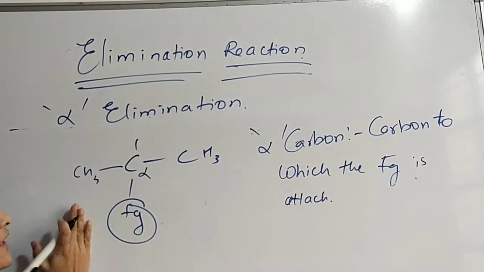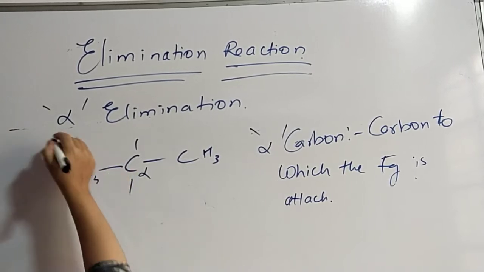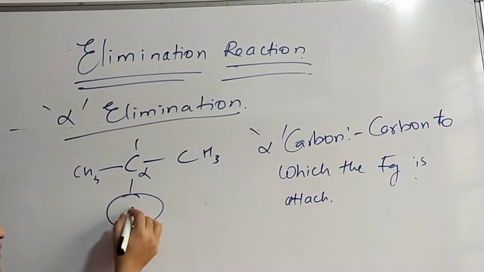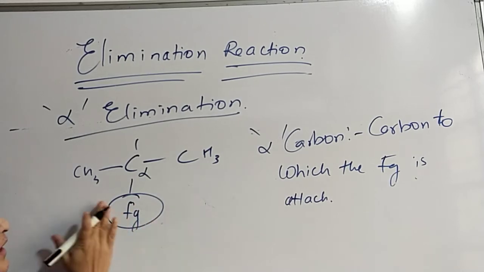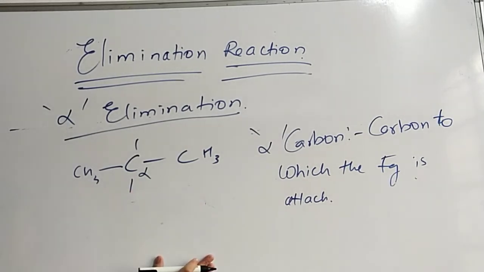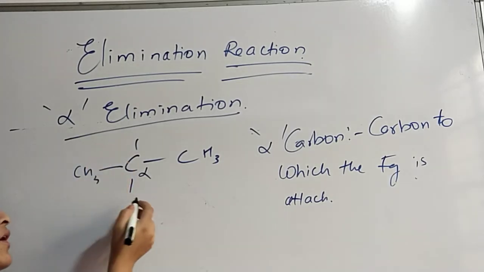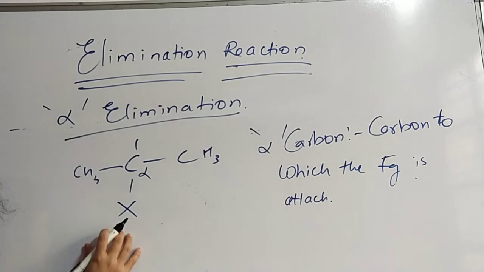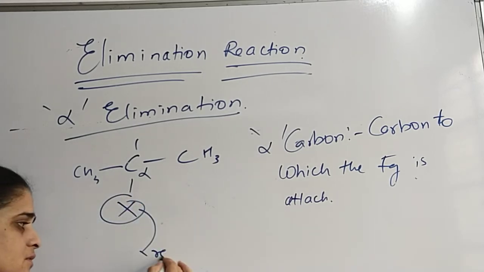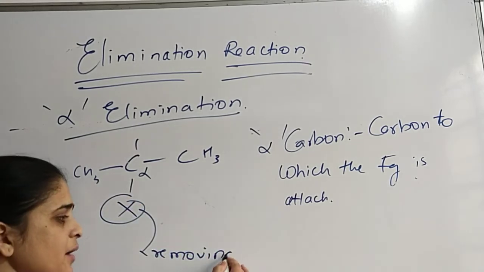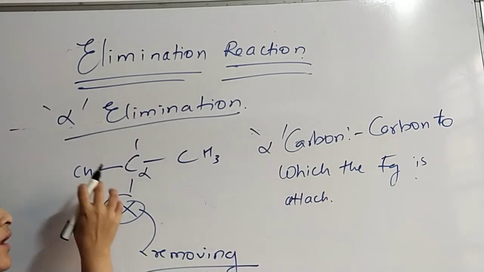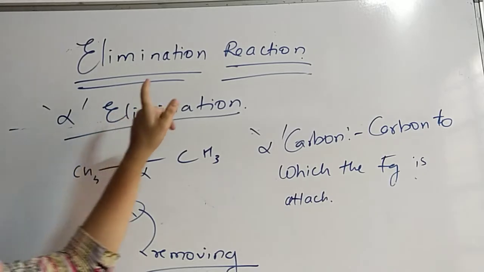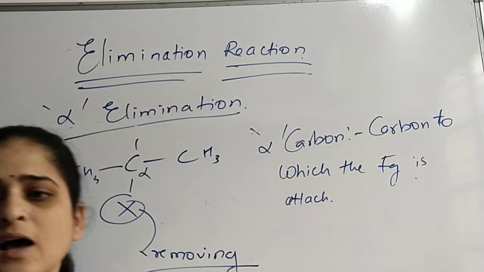Now if I remove the group from the alpha carbon, suppose X is an atom and I am removing it, if I am removing a group or atom from the alpha carbon, then it is called an alpha elimination reaction.